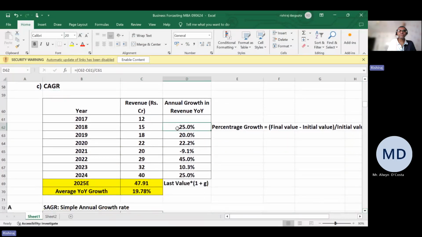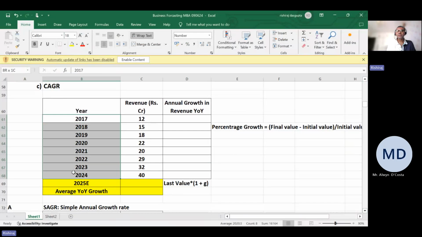So let us assume this data. Suppose the company's last 8 years of revenue data is collected from 2017 to 2024. We have 8 years of revenue for a very small enterprise. It was 12 crore in the year 2017, which grew slowly, and then 2024 revenue was 40 crore.